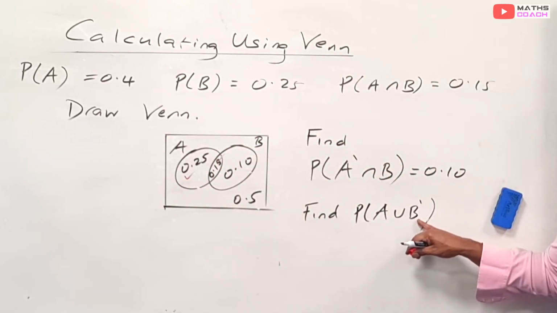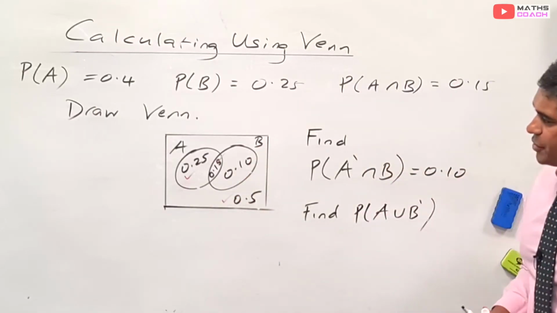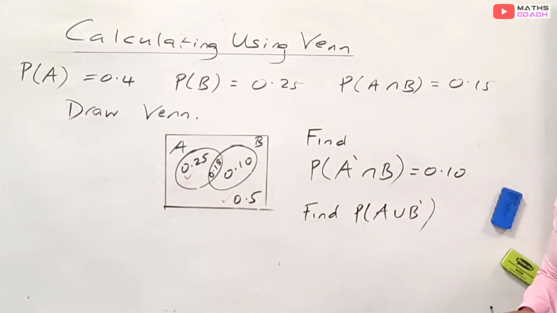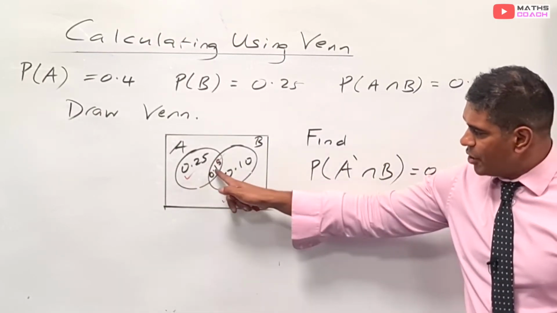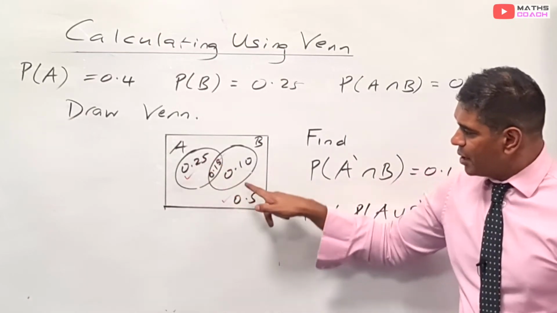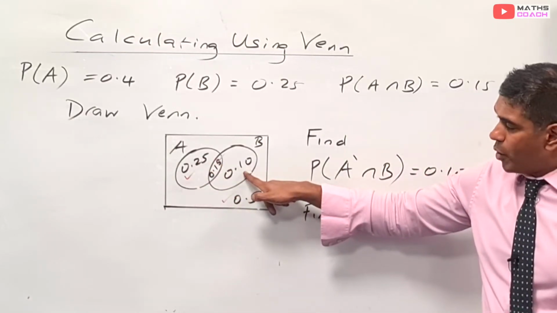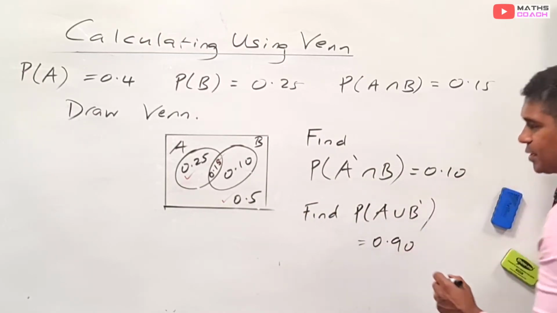Or B' means I can have anything outside B, which must be this one here. Now, A union B' would mean 0.25, the 0.15, and the 0.5 all added up. What you can't do is involve the 0.10. In this case, you naturally get 0.9.